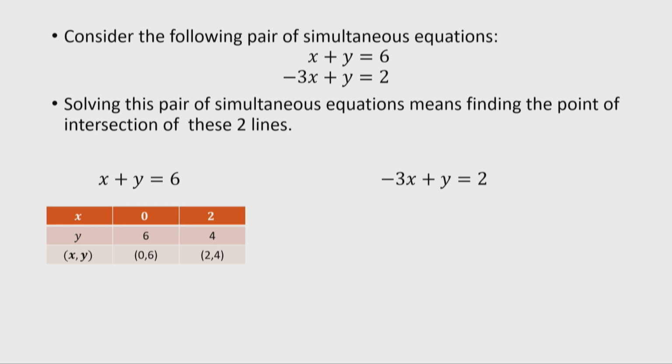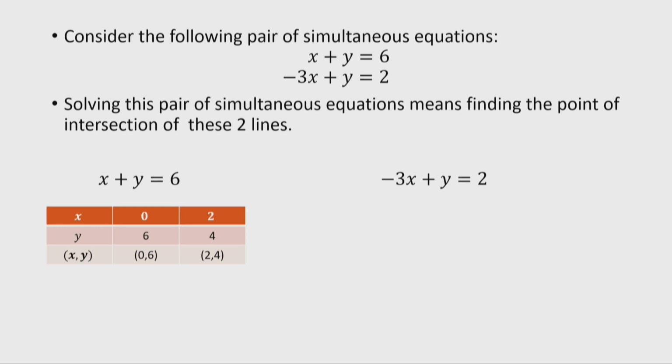If I take x equal to 2 and I replace in the equation of the line x plus y equal to 6, I will get 2 plus y equal to 6 and y will be equal to 4. So the coordinates will be 2, 4. In this case, I have decided to choose x equal to 0 and x equal to 2, but you can choose any other values.